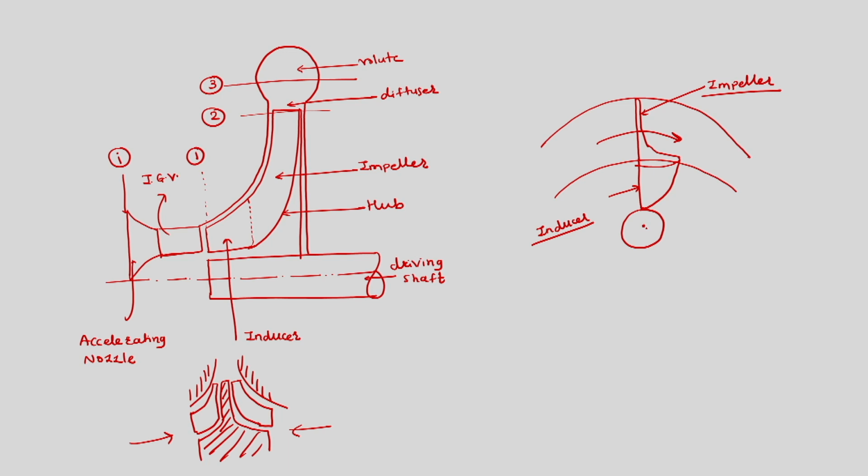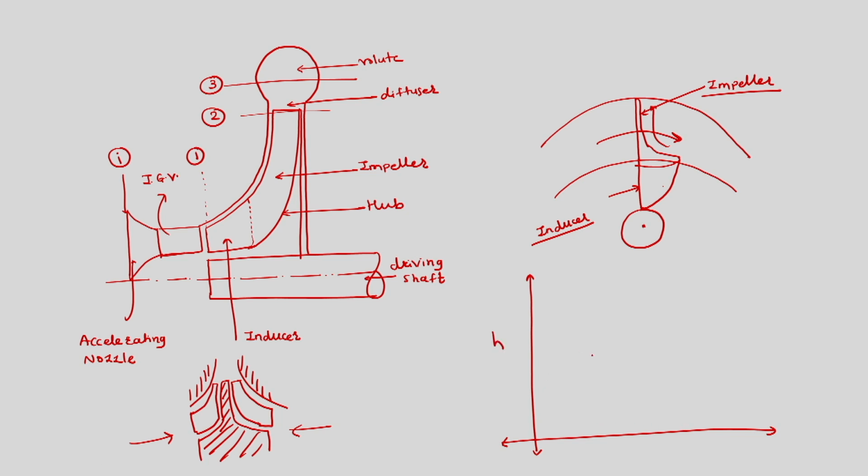Air would come axially to start with, and then it will move in a radial outward direction. Having said this, we can plot thermodynamically the process of compression on an h-s diagram for the centrifugal compressor.